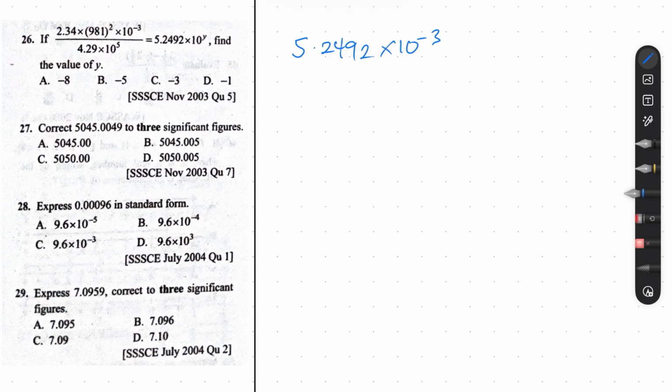So what's the value of y? The value of y here is -3. So let's circle that, -3. Okay, let's continue to the next question.